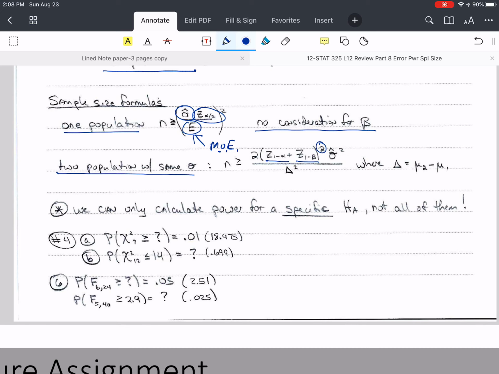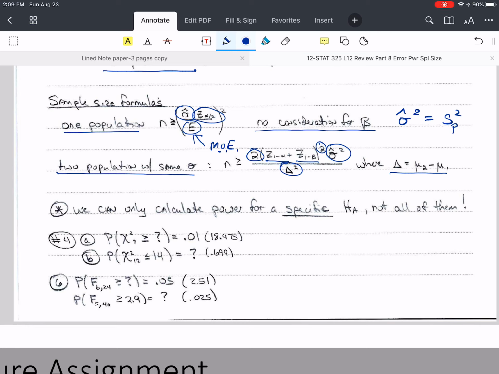We're squaring it, and multiplying it by 2, and multiplying it by sigma hat squared. Now sigma hat squared is equal to s squared in most cases, or some type of s. If it's two populations, it's going to be s sub p, which is our pooled sample variance. And divided by delta squared, and delta is the difference between mu1 and mu2 that we're testing for.